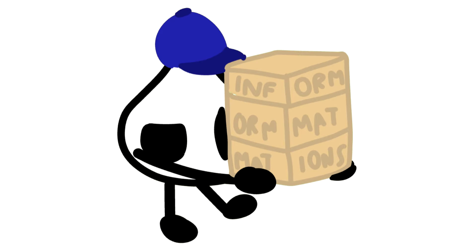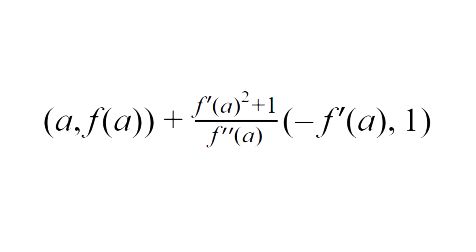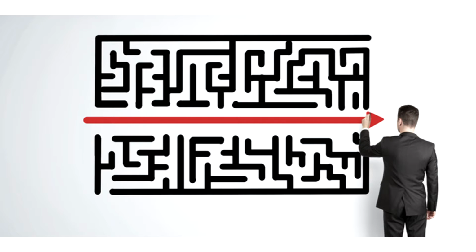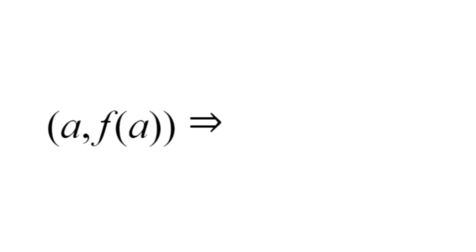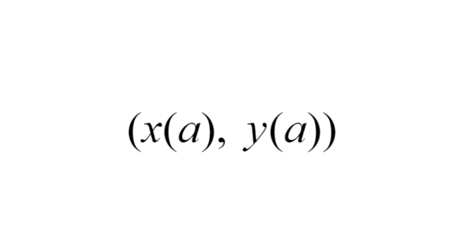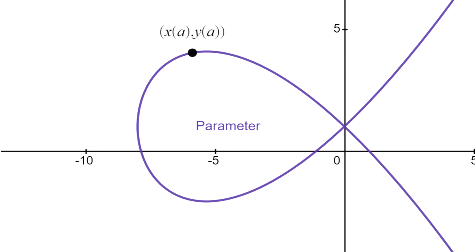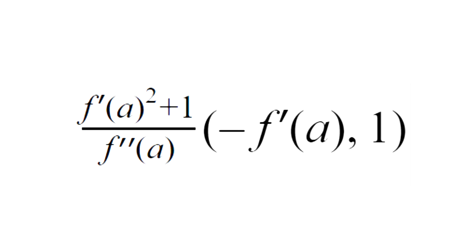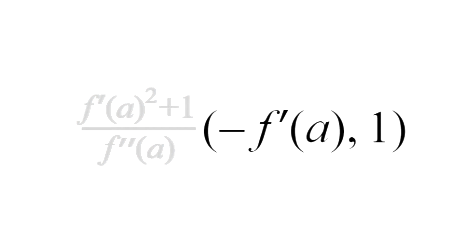With all this information unpacked, let's get on to converting this COC expression to parametric form. First term? Very simple. (a, f(a)) is simply just (x(a), y(a)), where (x(a), y(a)) is just a point on a parameter. Now for the second term. Let's work on the direction first, shall we?